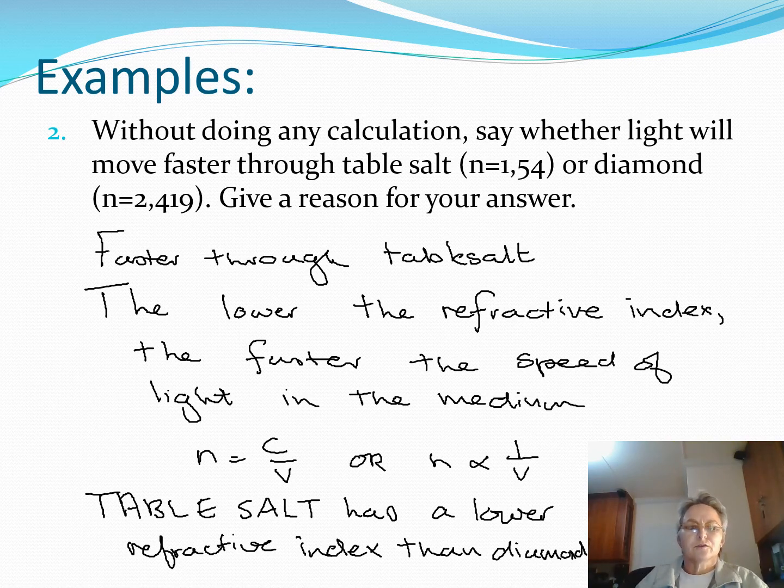Right, so first of all, we need to answer the question. Then we need to explain the answer by saying that the lower the refractive index, the faster the speed of light. I'm using the equation as well, or the ratio, and then stating that table salt has a lower refractive index than diamond.